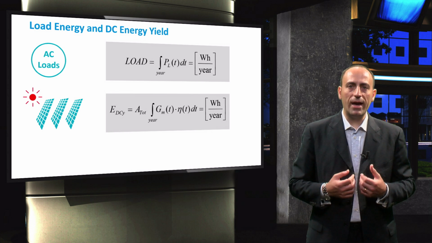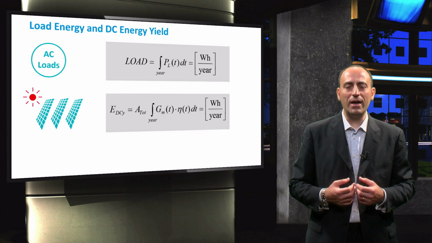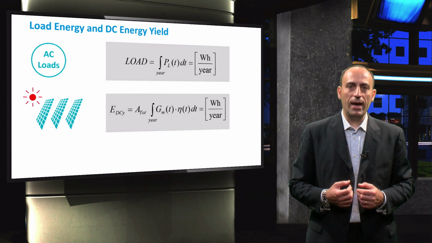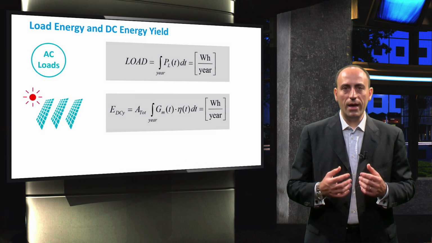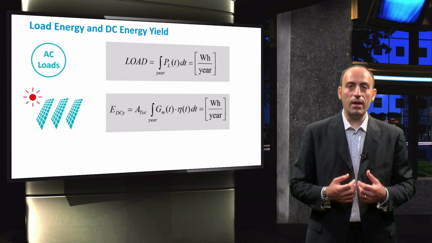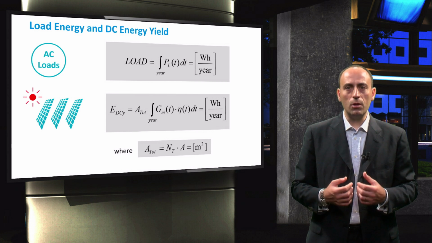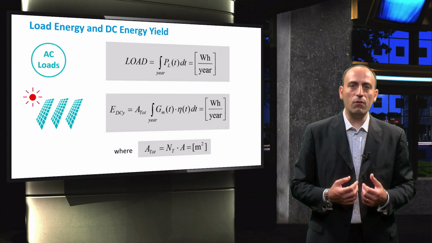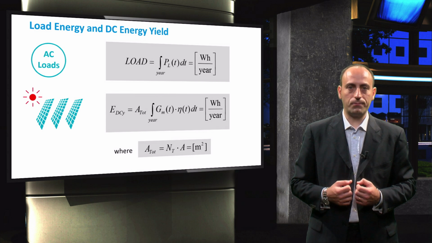The generated energy density per year is found by integrating the product of the instantaneous irradiance GM and the instantaneous module efficiency eta. The energy generated by the modules is then found by multiplying this number by the total module area, A_tot. The total module area is defined as the product of the total number of modules, NT, and the area of a single PV module, A.